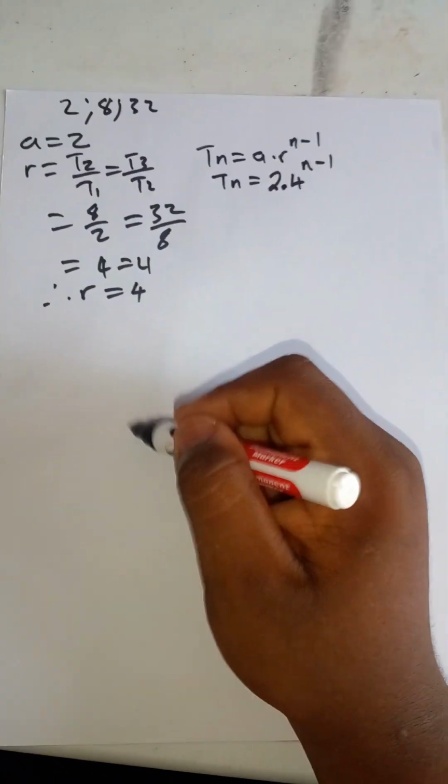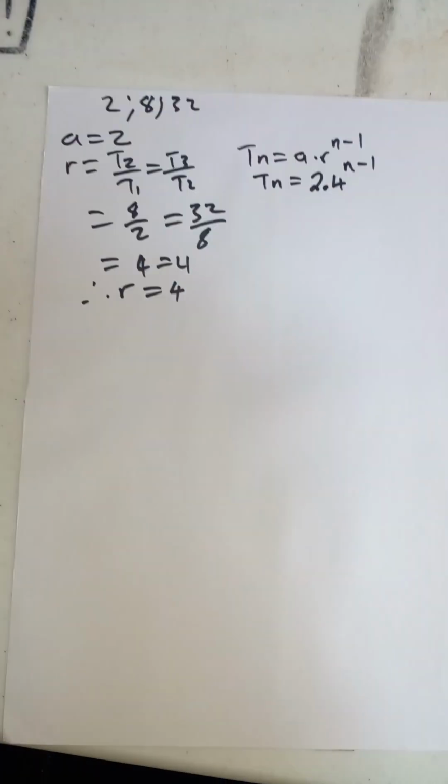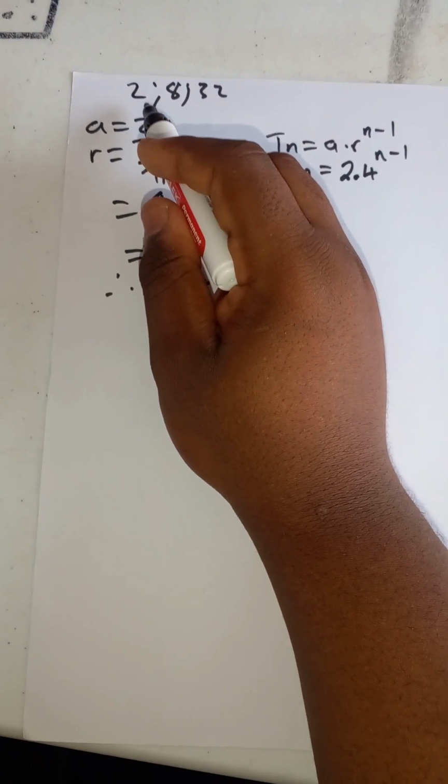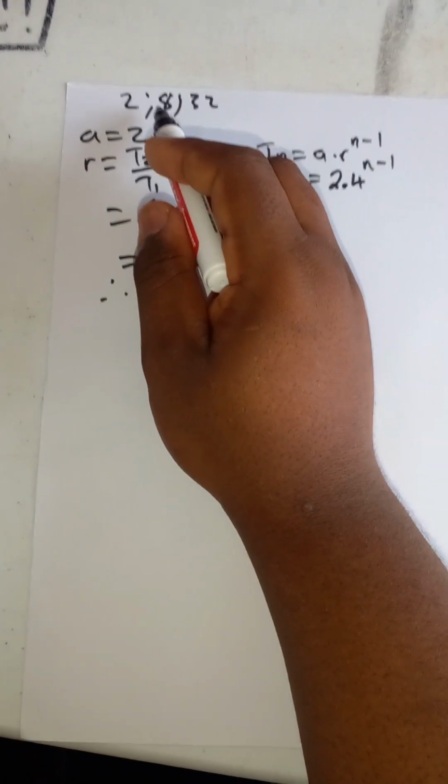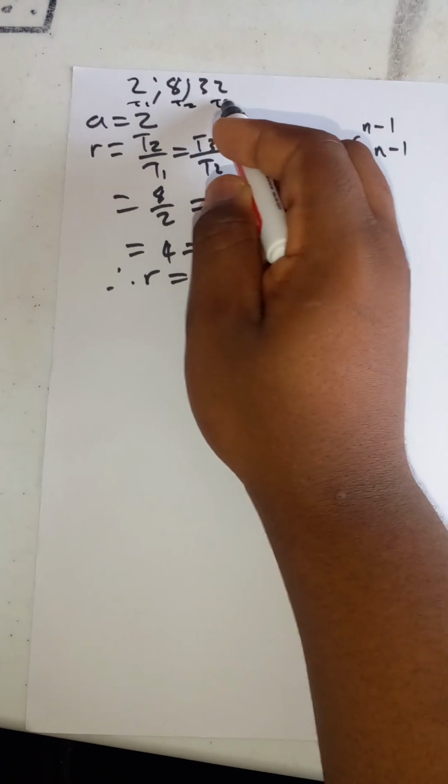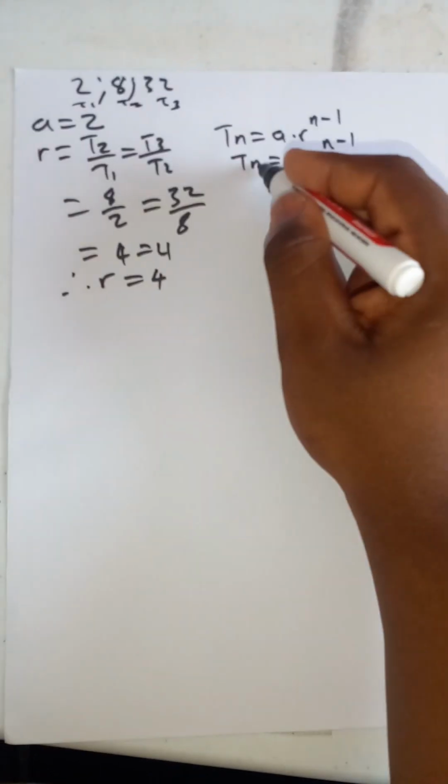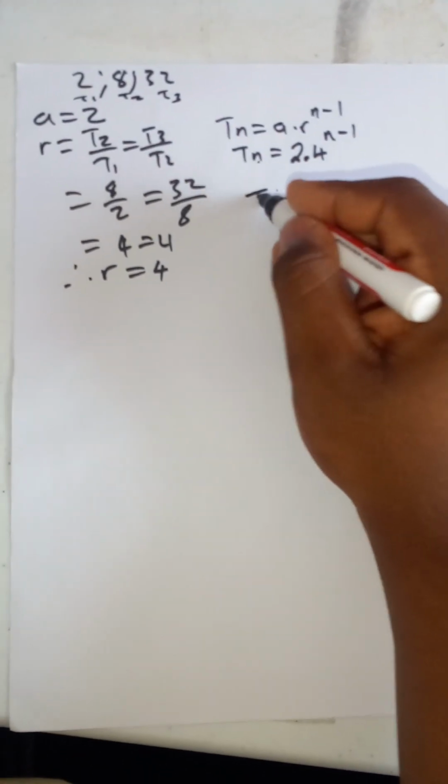Now, if you want to check, you can check the value of the second term. Because as you can see, T1 is 2, 8 is T2, 32 is T3, right? So on my general term, I will say T2.